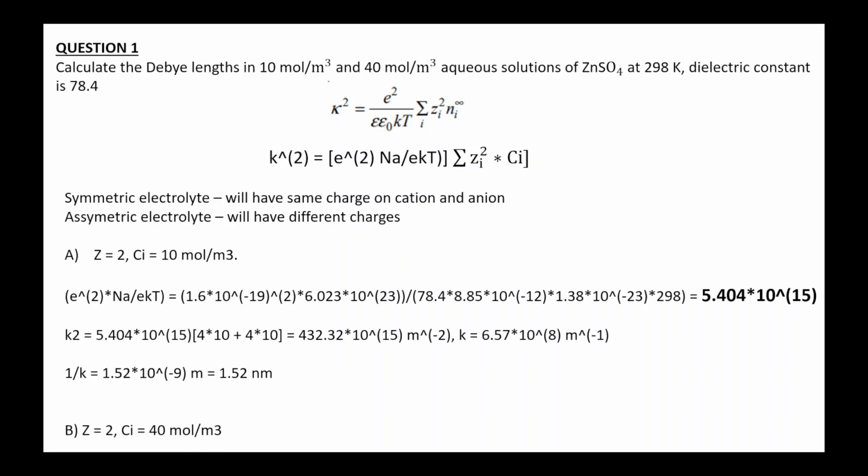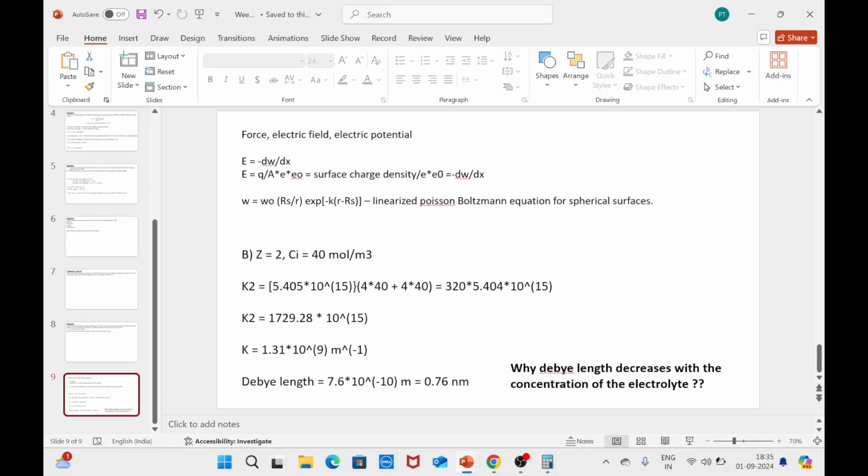Zi square will be taken out as Zi. This is kappa. Now you need to do the inverse.